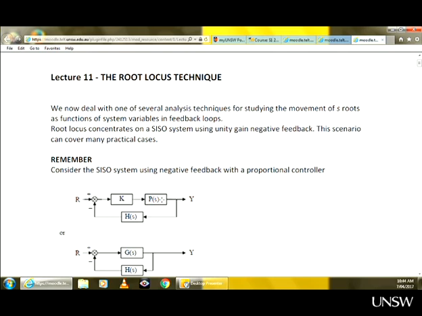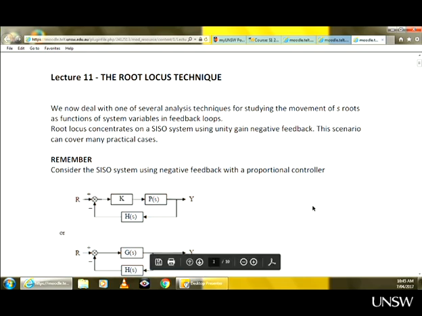They are positive, contributing to instability of the system. Applying a negative feedback loop, most of the time, we will be able to push those positive poles into the negative half of the s-plane to make our system stable. But whether we can do it or not will depend on this value K here.